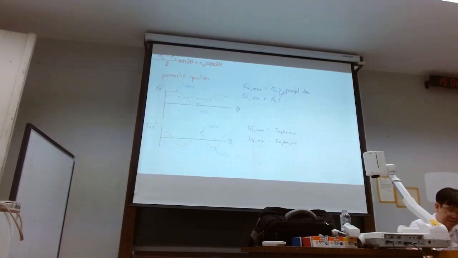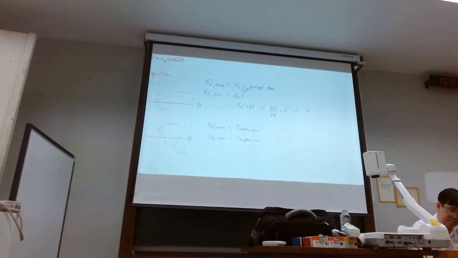Now, in order to find those mathematically, we just say that this is a functional form. It's a function of theta. So in order to find the maximum, you just have to take the derivative by theta itself, set it equal to 0, and then you will get min or max depending on the result of your differentiation.